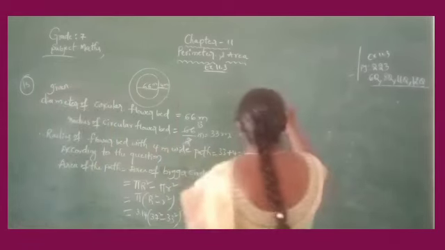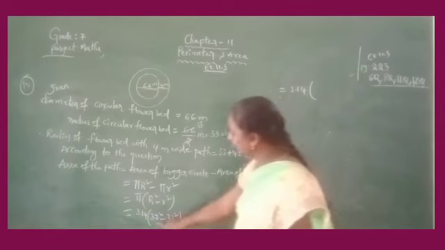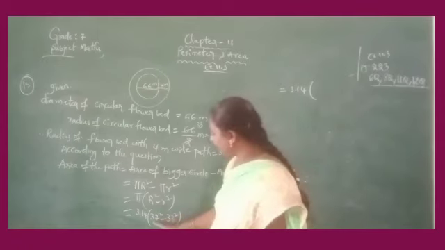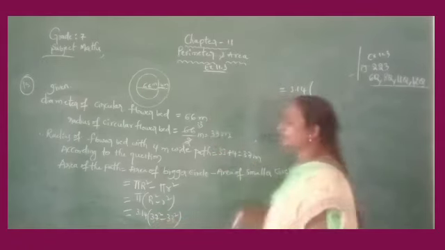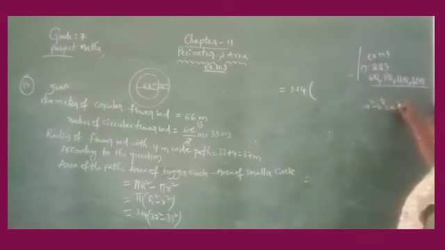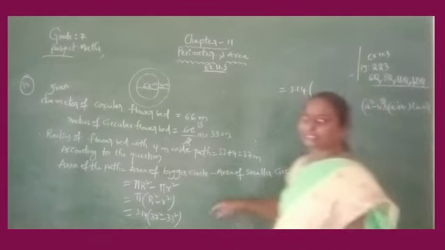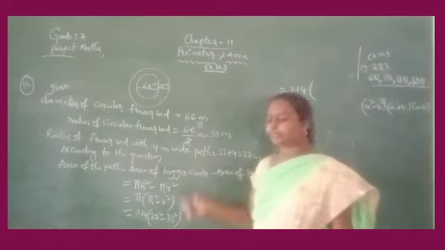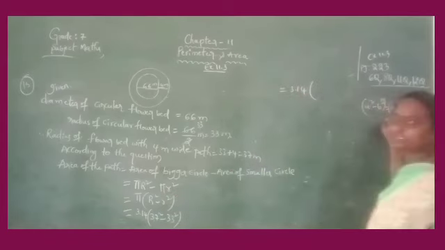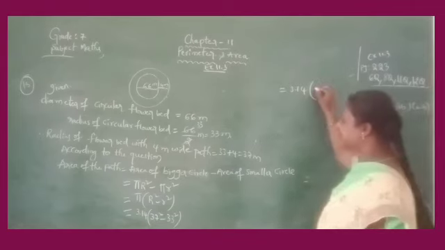Okay, right. 3.14 into, so observe here, this is the algebraic identity a square minus b square. What is the formula for a square minus b square? It is a plus b into a minus b. Just remember this; in the next chapter you will learn the formula that a square minus b square is equal to a plus b into a minus b.